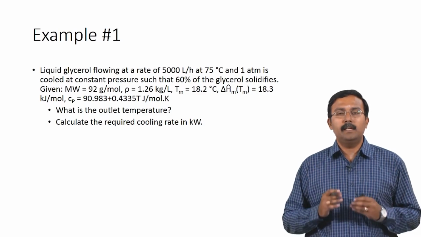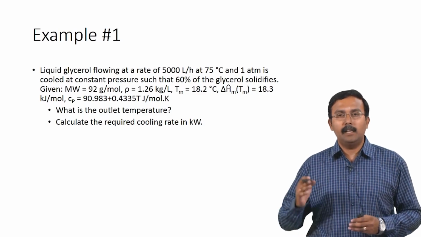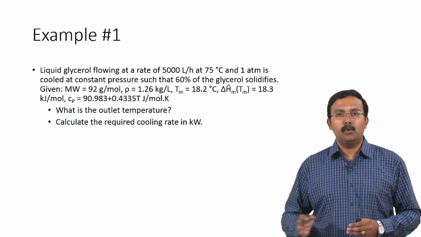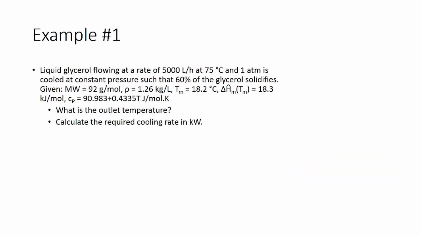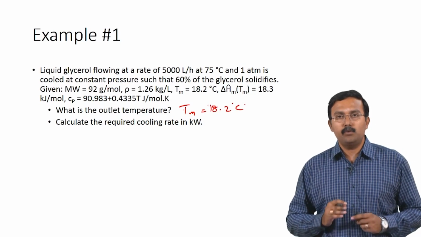So, because of this we can directly identify the temperature of the outlet stream as the melting point. So, the outlet temperature would be equal to Tm, which is equal to 18.2 degrees Celsius. So, we do not need to perform any calculations to identify that.